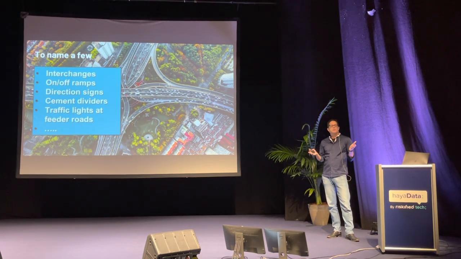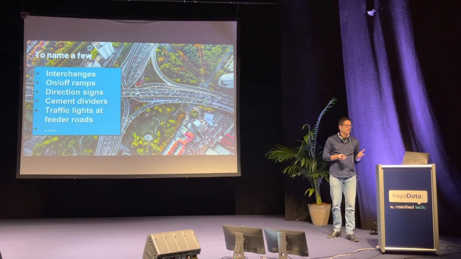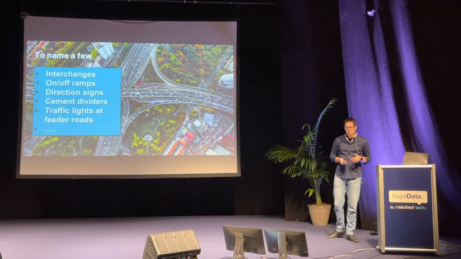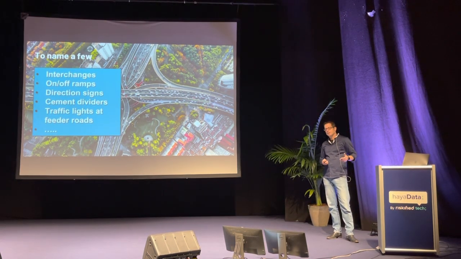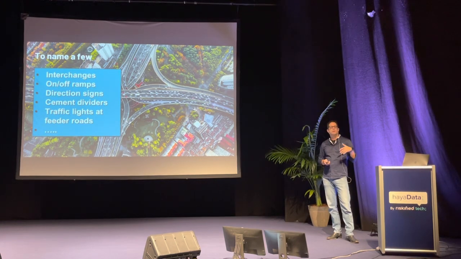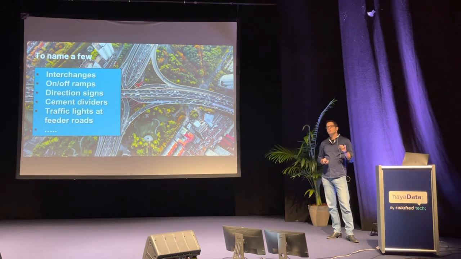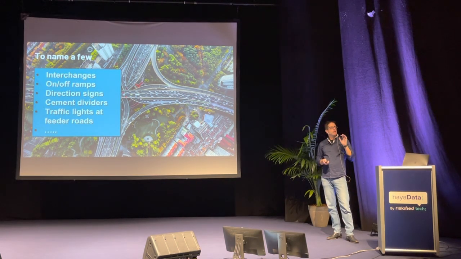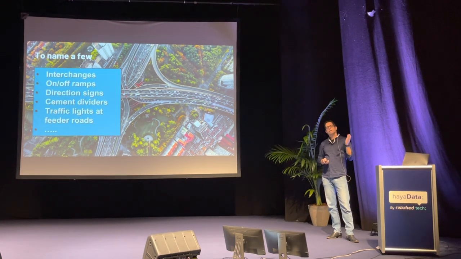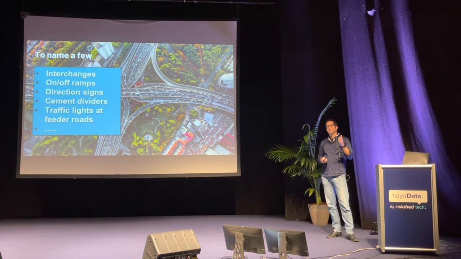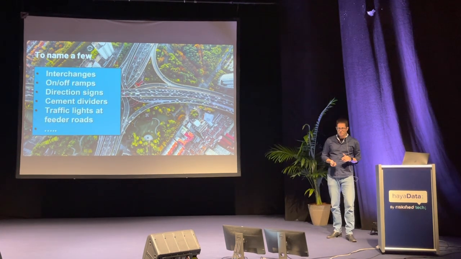Suddenly, the road becomes complex. We have to add direction signs. People get lost on the roads. Cement dividers, traffic lights at feeder roads, and so on and so on. Every one of these features is aimed towards solving some particular bottleneck of scale, and only if we do all of them well, we can ascend to the next level.